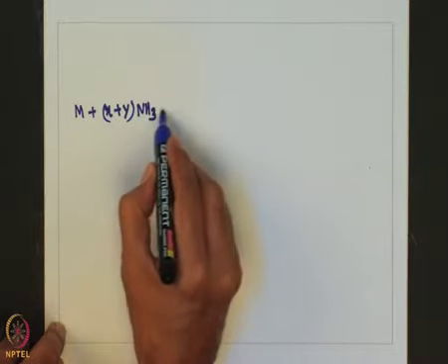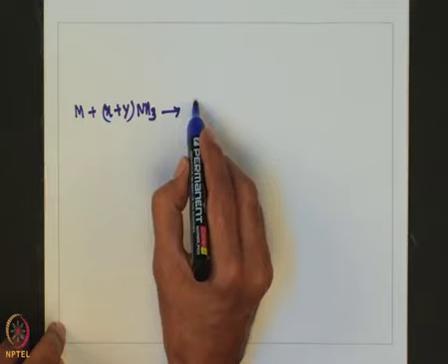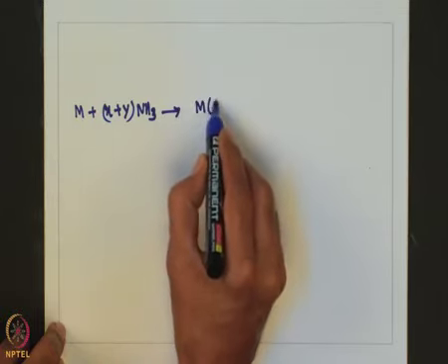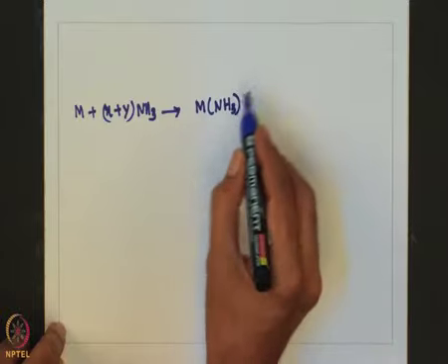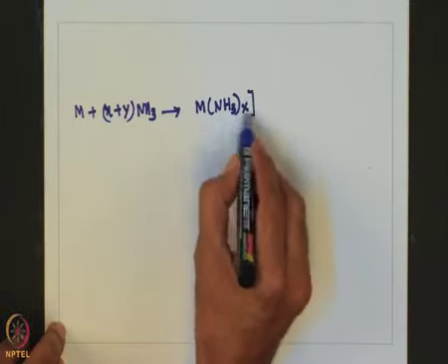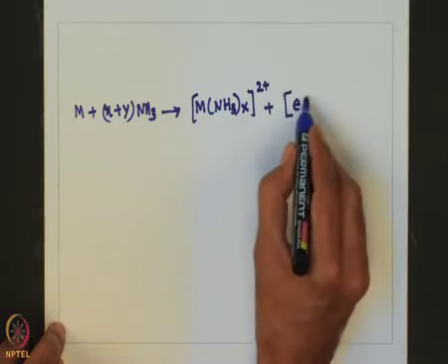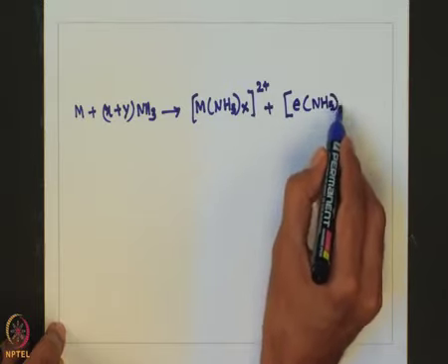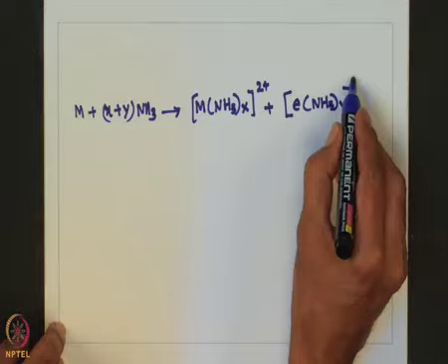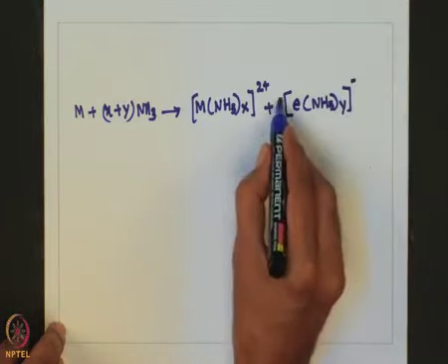So, it forms two kinds of complex ions: due to the presence of divalent cation surrounded by ammonia and also free electron surrounded by ammonia, you have two sets of complexes in liquid ammonia.